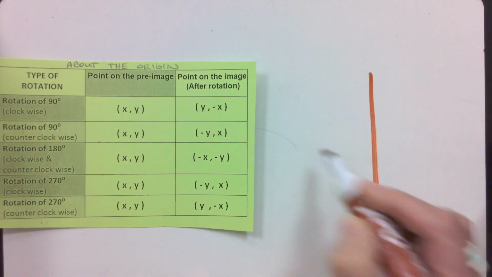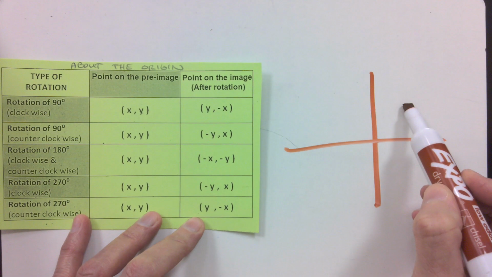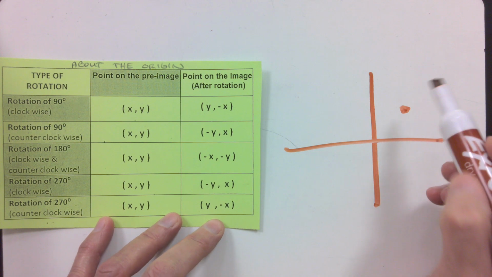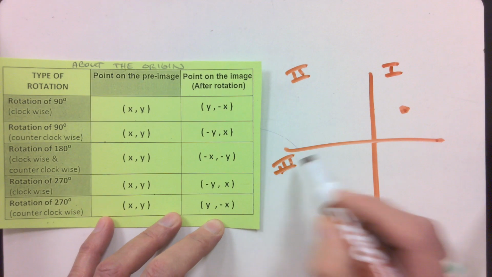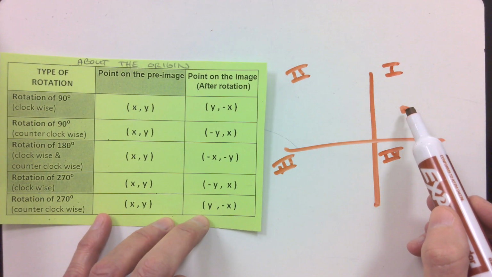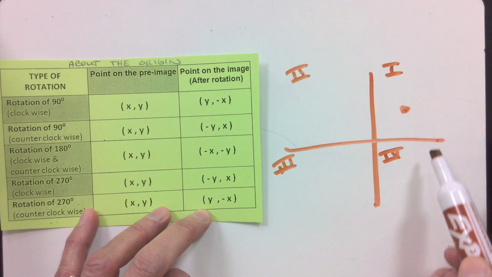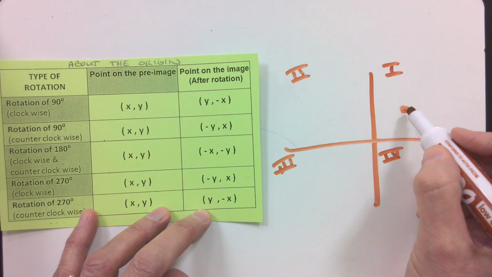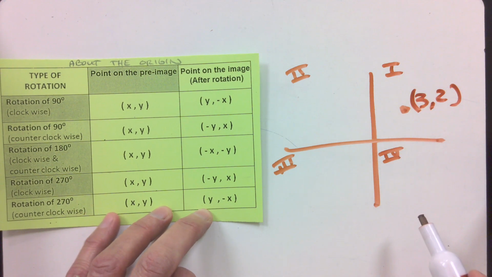I'm going to show you just off to the side here real quick. If you had a coordinate grid, and let's say you had a point right here, you can see this one is in the first quadrant. I'll label the quadrants here. If I want that dot rotated 90 degrees clockwise, I know it's going to land here. Let's pretend this ordered pair is 3, 2.